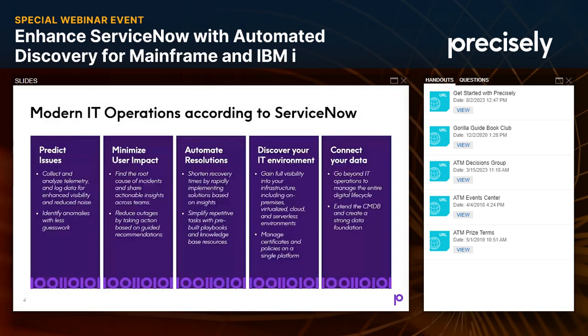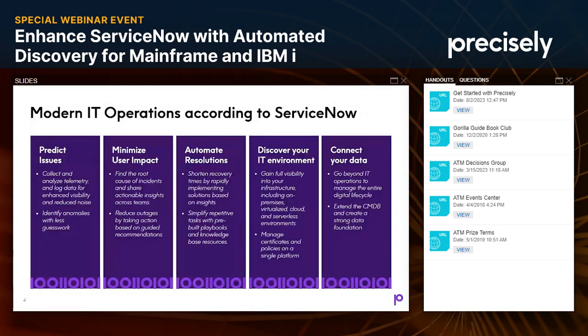You need to have a single source of record of what my IT environment looks like and know what changes are made, because those changes can impact predictability and minimizing user impact and the automation processes you set up. So discovery is a foundational piece of being able to deliver effective IT operations.